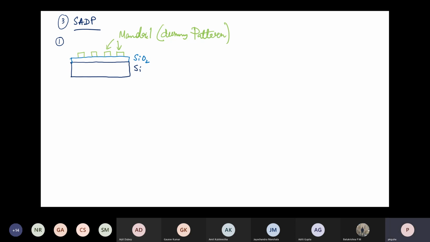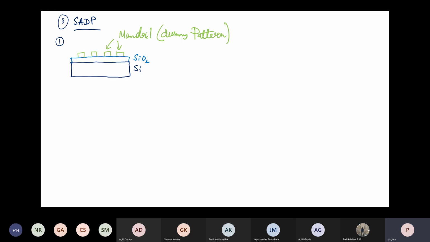Then what we do, we need to grow sidewalls around this mandrel. For this, we deposit a conformal layer of silicon nitride. What is a conformal layer?